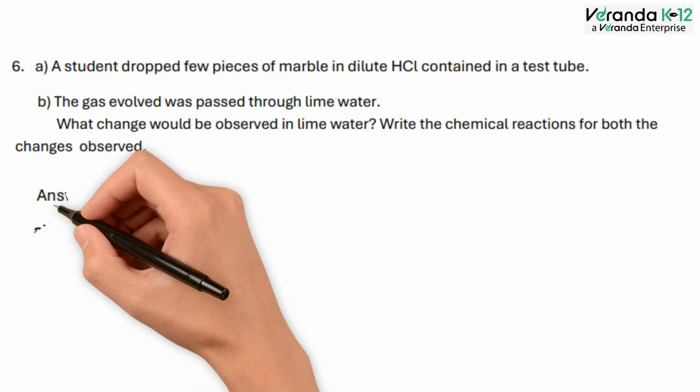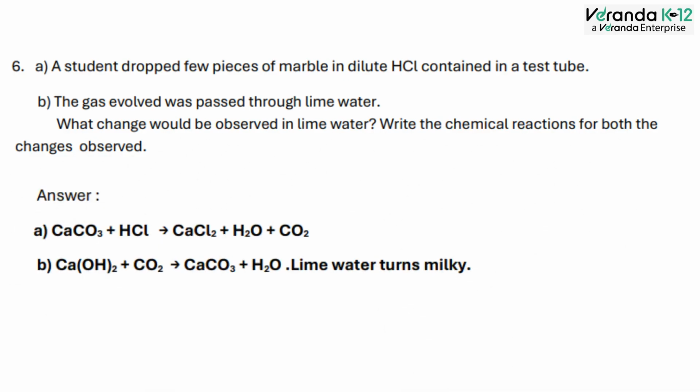The answer for A: calcium carbonate plus hydrochloric acid gives calcium chloride plus water plus carbon dioxide. And the answer for B: calcium hydroxide plus carbon dioxide gives calcium carbonate plus water, that is, lime water turns milky.